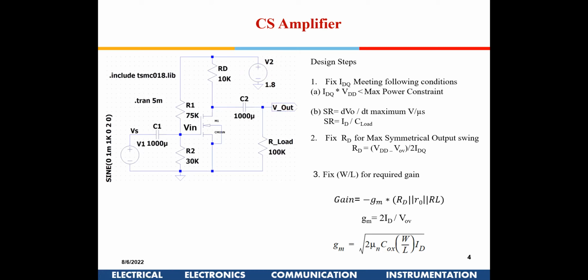You understand what non-linearity is? Yes. The gain will not be uniform. Sir, one question: for a single stage common source amplifier, how will we determine how much VDD we require based on the level of the input signal and the gain required?